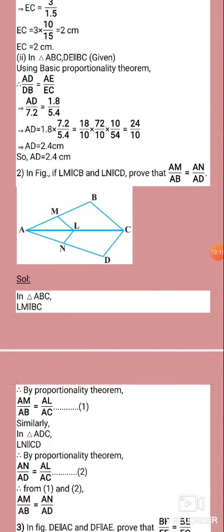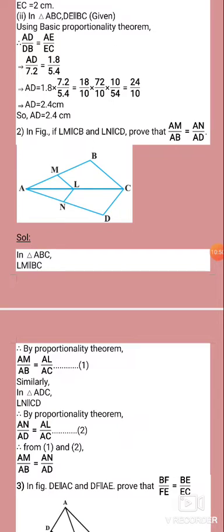So by the basic proportionality theorem, AM by AB is equal to AL by AC. Call it equation 1. Similarly in triangle ADC, LN is parallel to CD, so AN by AD is equal to AL by AC. Call it equation 2. From 1 and 2, AM by AB is equal to AN by AD, which we needed to prove.